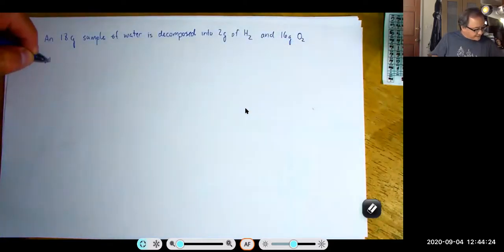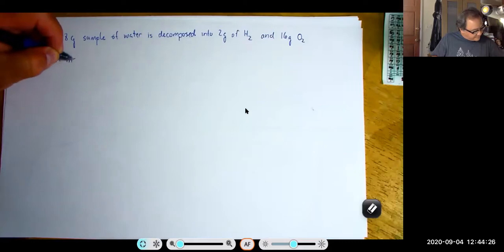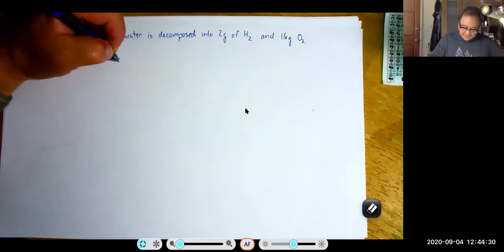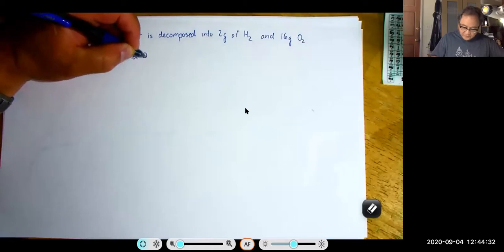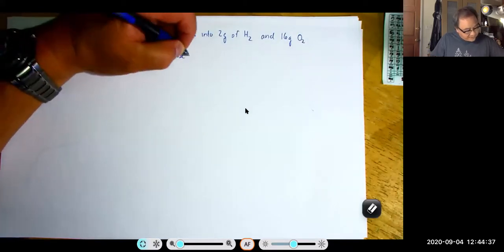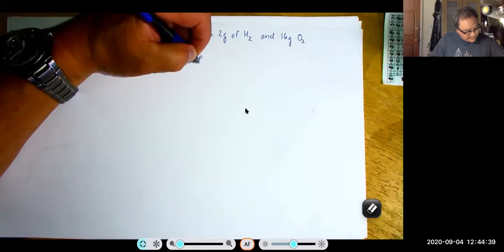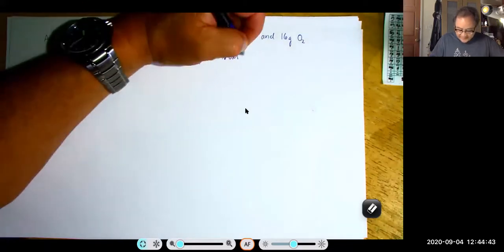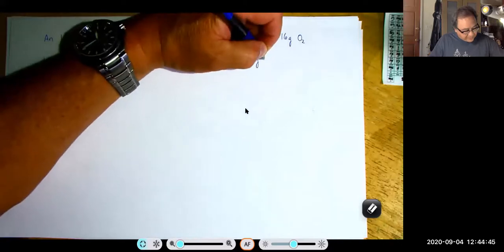What masses of hydrogen and oxygen would be prepared from 27 grams of water?